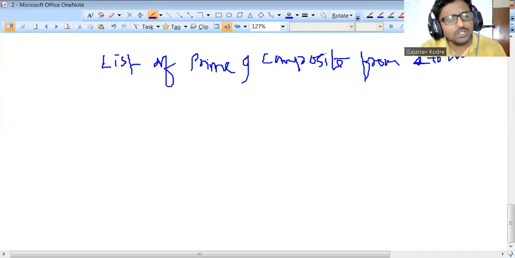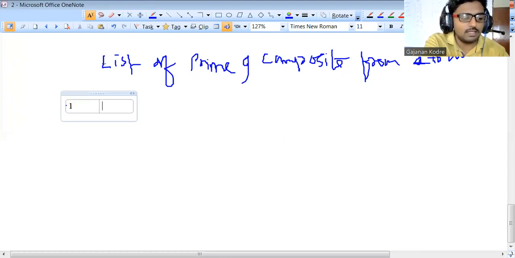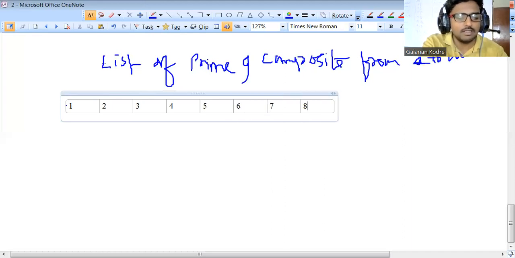Now what you need to do? You need to make a table of numbers from 1 to 100. How? I would like to tell you. Here you will write the numbers like this: 1, then 2, then 3, then 4, then 5, 6, 7, 8, 9, and then 10.